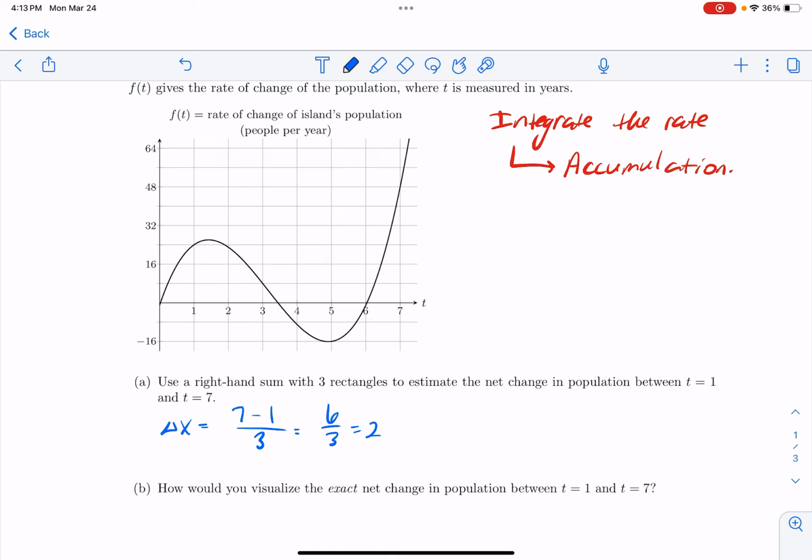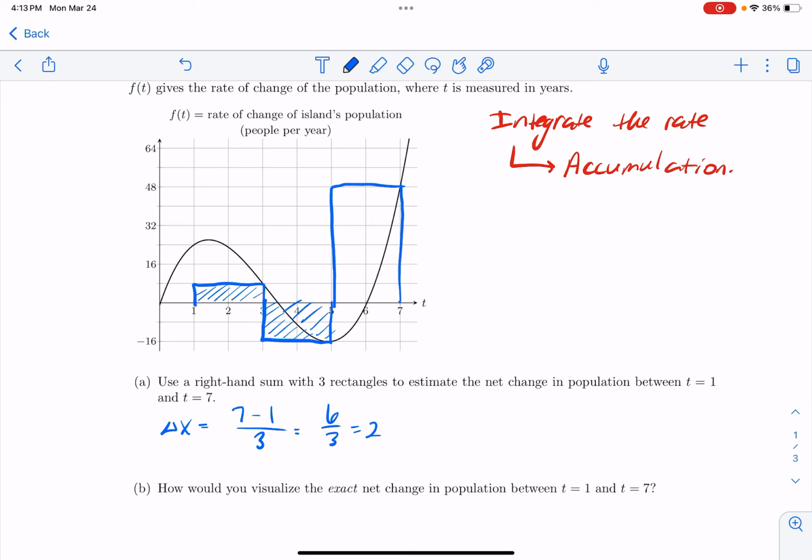So a right rectangle is going to be the height at 3. And then going from 3 to 5, the right rectangle is the height at 5. You'll notice that's negative. That will come into play in our answer. And I'm going to highlight this as well. And then from 5 to 7, again, a right rectangle takes us up to this point here.